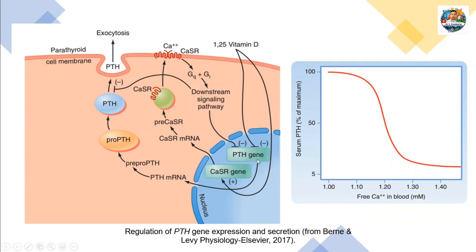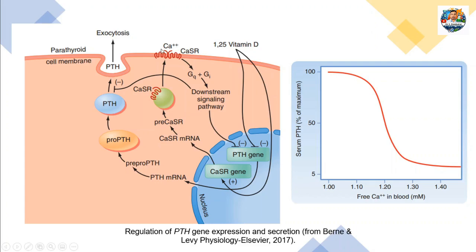So there will be lesser production of parathyroid hormone. Another outcome of this downstream signaling is that it will inhibit the release of parathyroid hormone into the extracellular fluid, so that there is reduction in the production of parathyroid hormone.